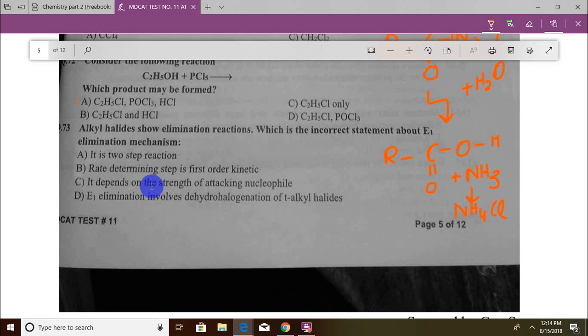Actually no, that is true for SN2 and E2, but not for E1 and SN1. But let's put this in reserve. Let's say the last one. E1 elimination involves dehydrohalogenation. Yes, of tertiary alkyl halides. Is that true to some extent about SN1? Yes, SN1 is for tertiary. So the wrong one is C.